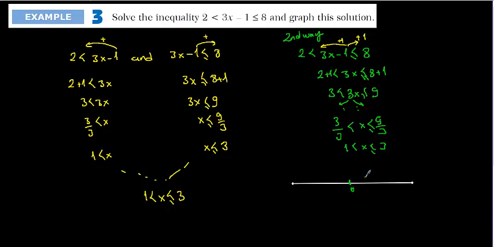So 0 is going to be here, 1 here, and 3 here, and 3 is closed, and from 1 to 3 it's going to be like this. I made a mistake here: 1 should be open, 3 should be closed.